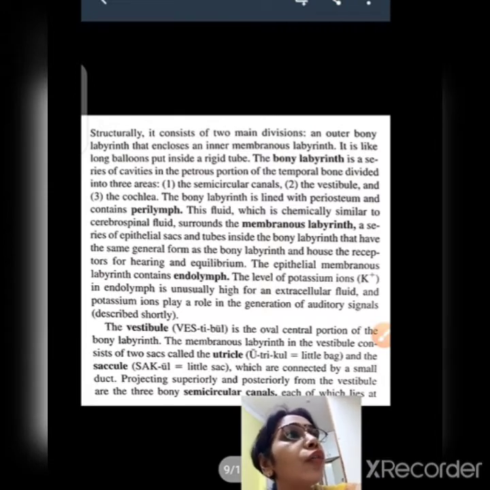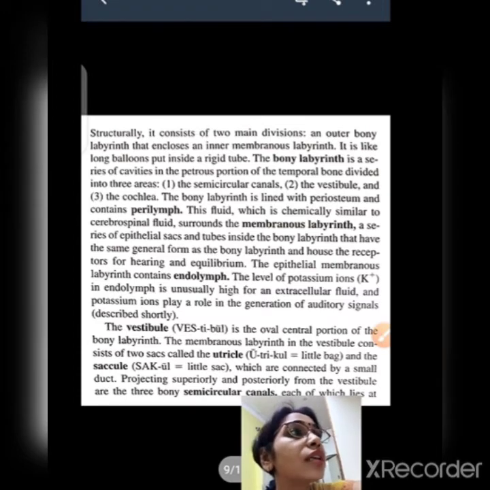The end of each canal has a swollen enlargement called the ampulla. The portion of the membranous labyrinth that lies inside the bony semicircular canals is called the semicircular ducts. So there are the semicircular canals, the ampulla, and the semicircular ducts.